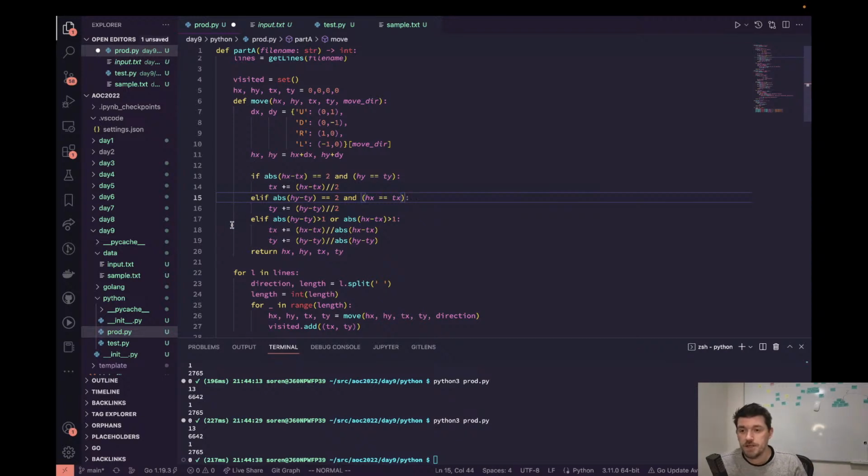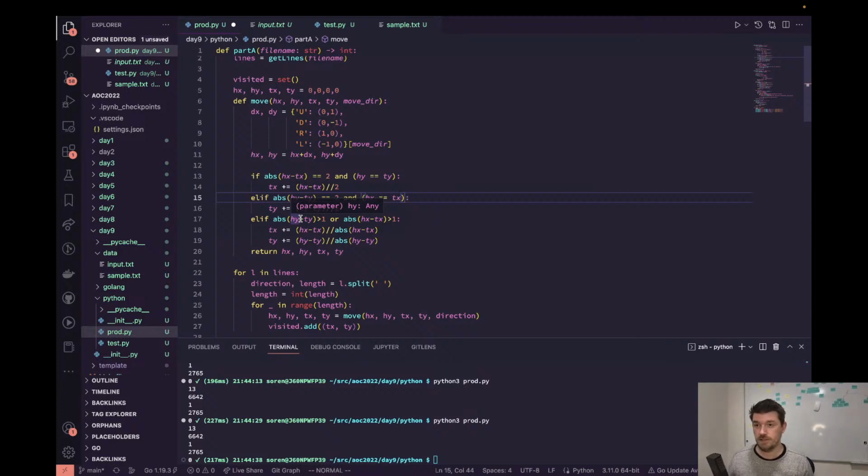Then we do this, and finally, I had a couple of false starts. If you want, you can see the whole thing. But what we have here is basically, if the distance between them is more than 1 in any direction, that means that they're not touching anymore. That's the criterion.